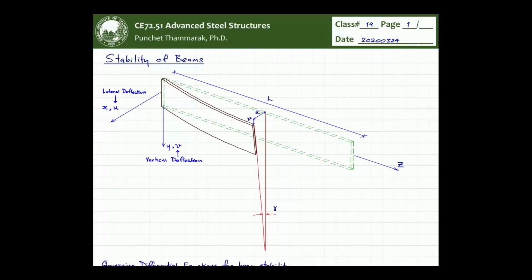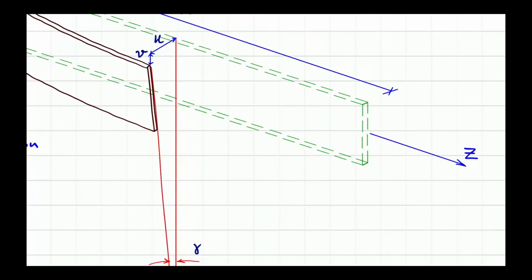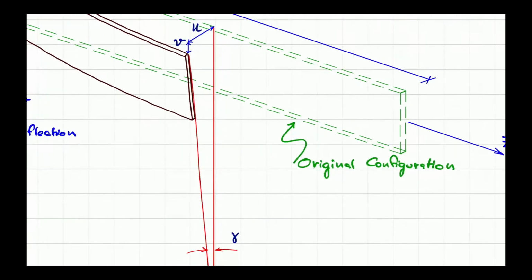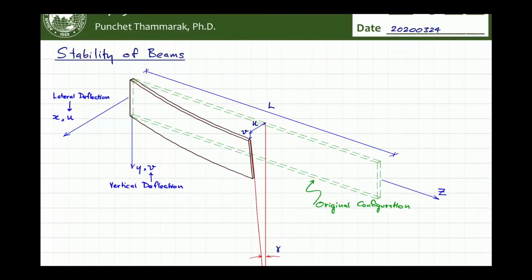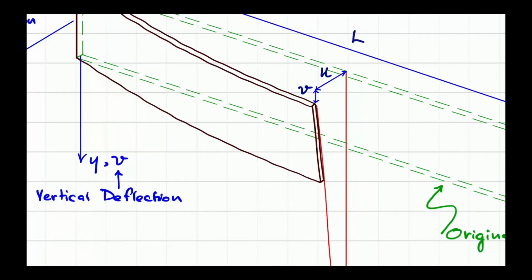You can see that the dotted green line stands for the original configuration of the beam. And the brown line stands for the deformed configuration.